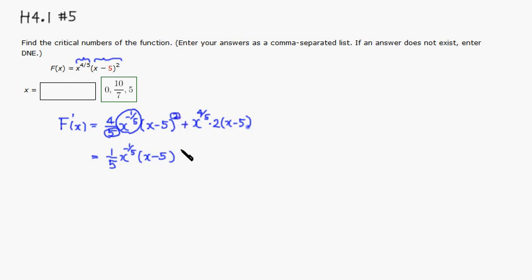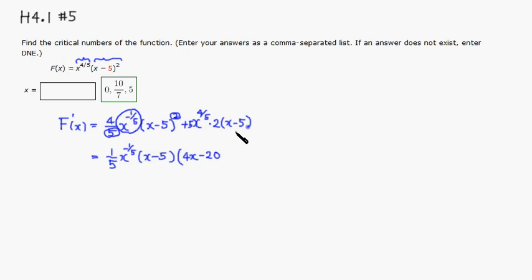So what's left from the first term would be 4 times x, so it's 4x, and 4 times negative 5, so it's negative 20 left over there. Since 1/5 is factored out from here, we have to actually multiply by 5, so I'm going to put the 5 in.